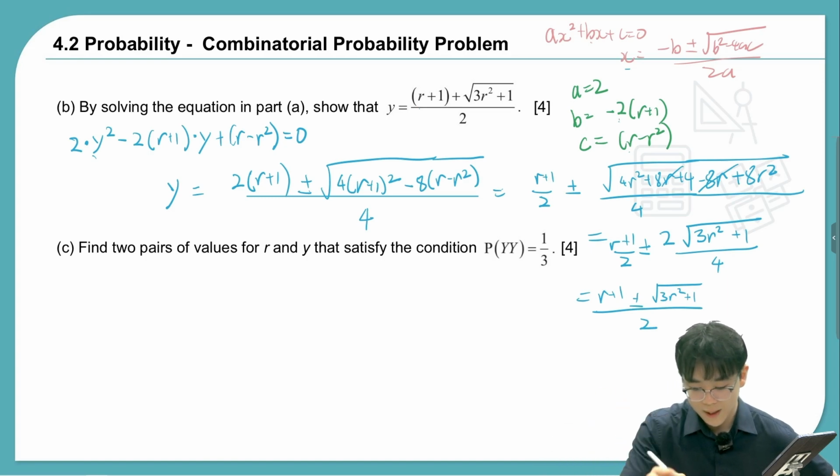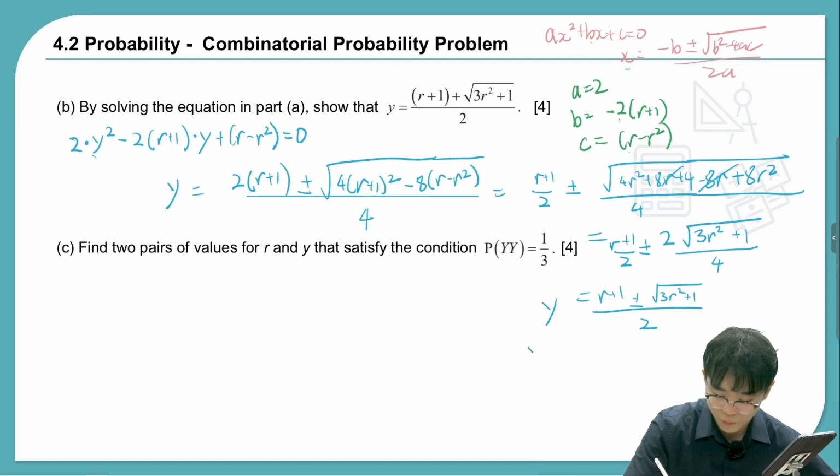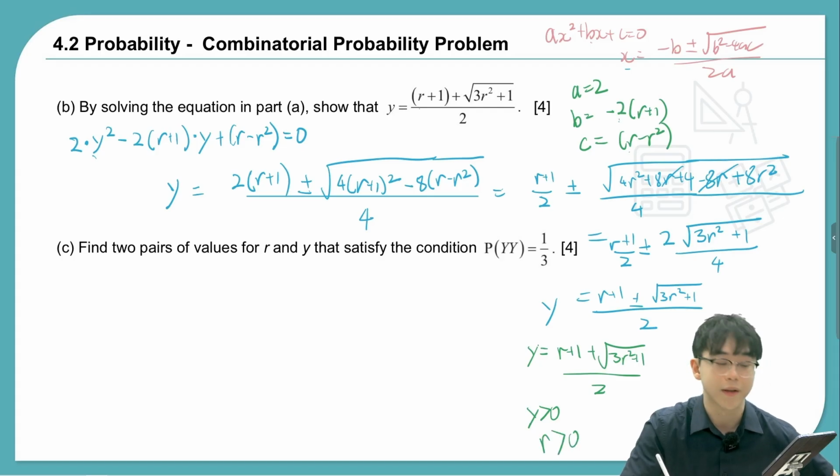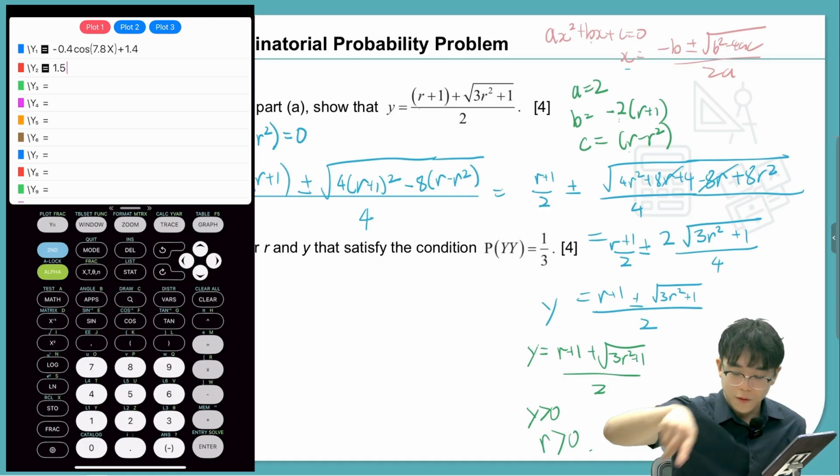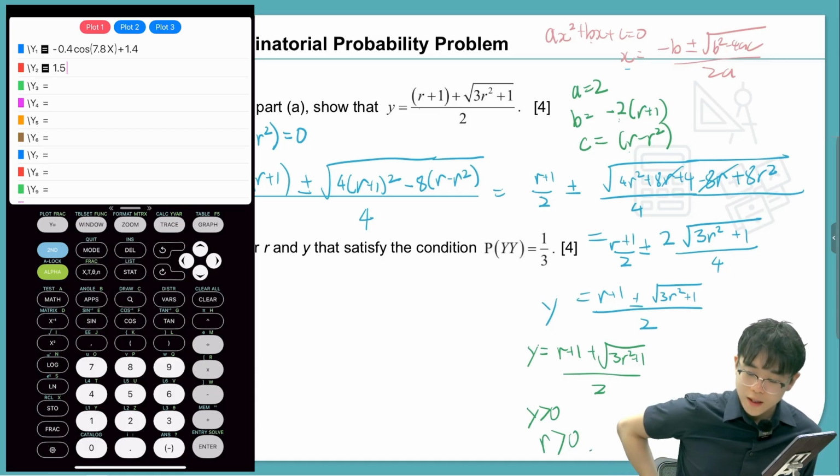So we don't want a case where y is negative. So that's why y has to be r plus 1 plus square root of 3r squared plus 1 all over 2, right? Because y has to be greater than 0, r has to be greater than 0. You could actually check this by solving for y in terms of r.